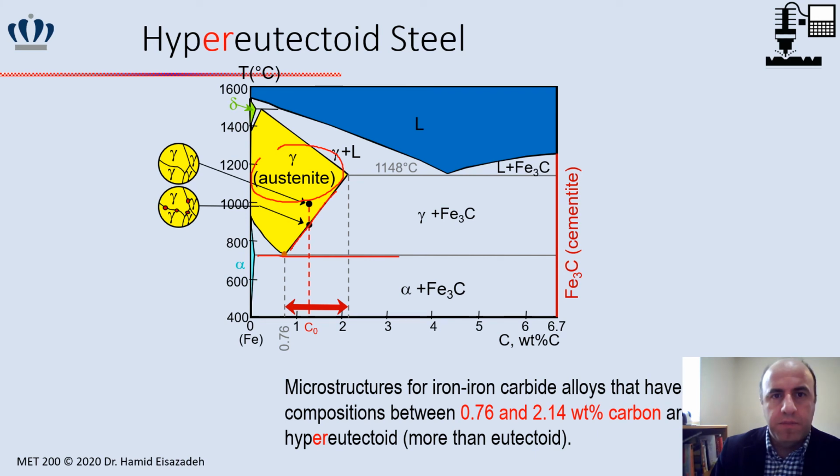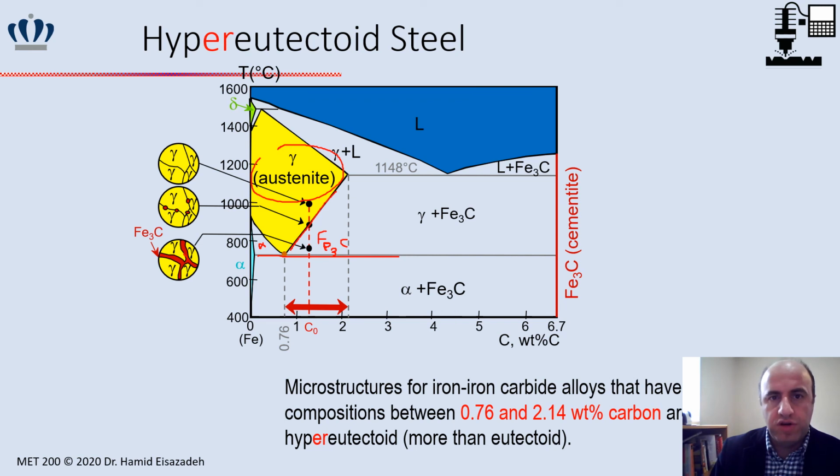Here at this point, some portion of gamma transforms to Fe3C. But on the previous slide we mentioned that some portion of gamma was transformed to alpha. Here, because we have more cementite, or Fe3C, portions of gamma are going to be transformed to this phase.